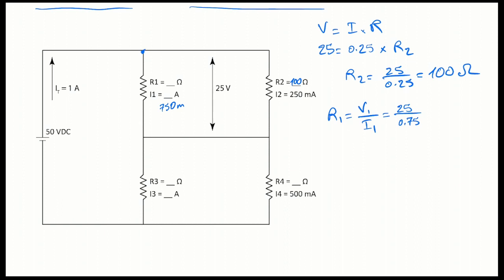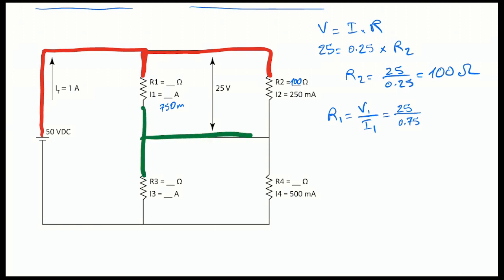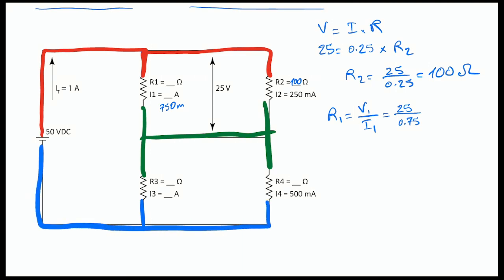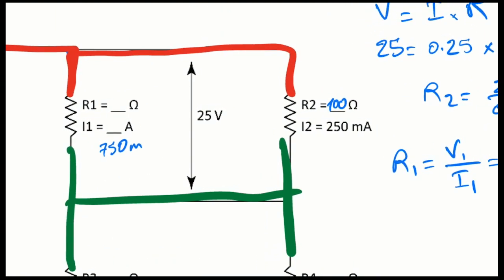Well, let's just step back and see how we're going to apply the nodes. So we have this node here, and we have this node here, shaped like an H, and then we have this node here. All right. Now look between the red and the green.